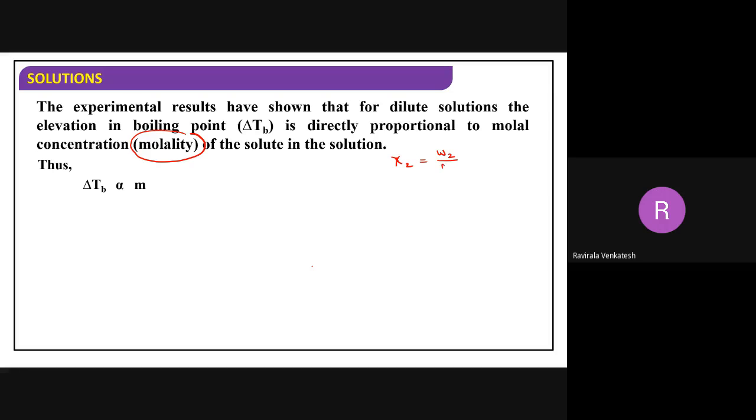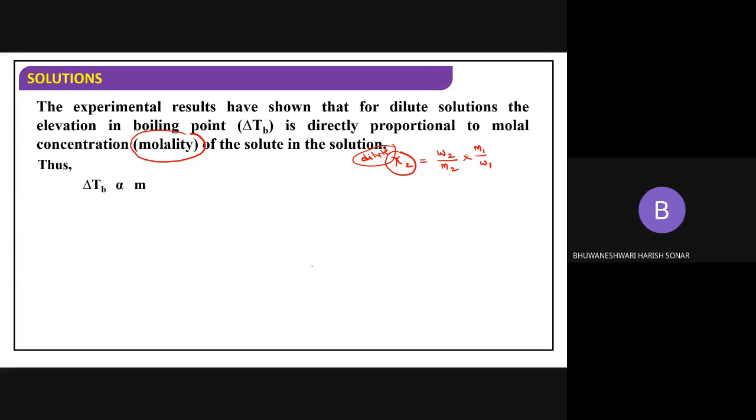W2 by M2 divided by M1 by W1. This is only written, no, because it is a dilute solution. For the dilute solution, I have written this one only. Because in the numerator we have the solute particles, but in the denominator we are removing that one. Correct or not, beta?